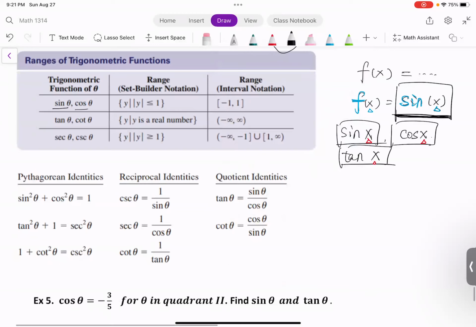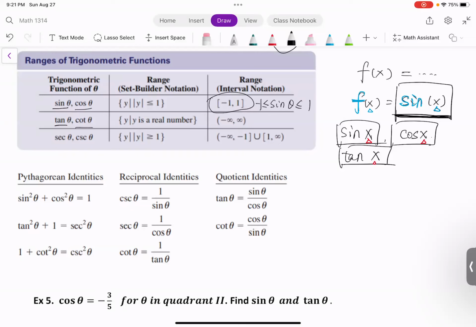for sine and cosine, the range, the y value, is between -1 and 1. -1 and 1 are included. So sine and cosine theta are greater than or equal to -1 and less than or equal to 1.